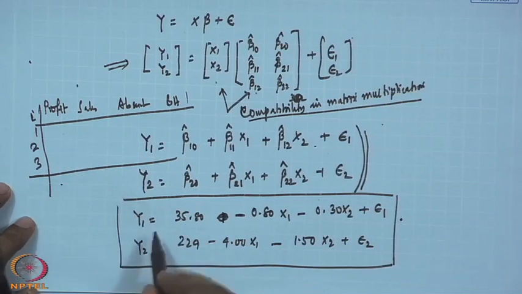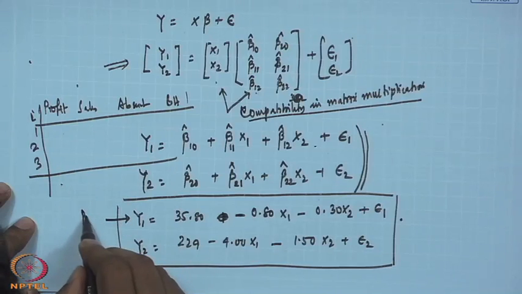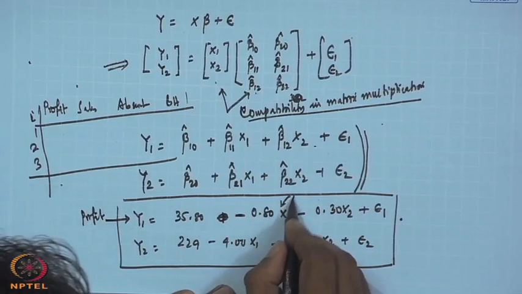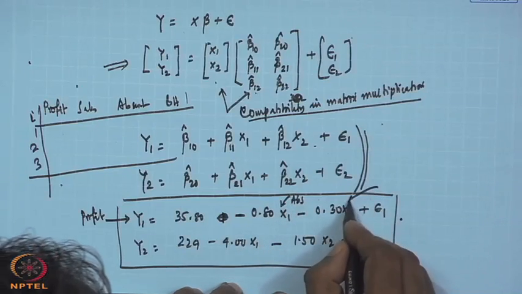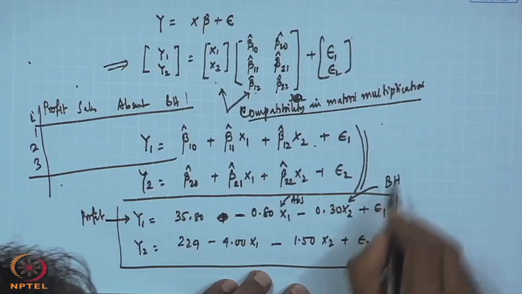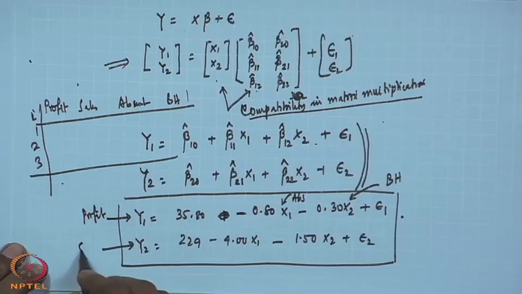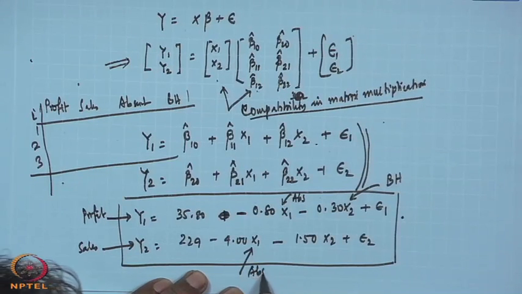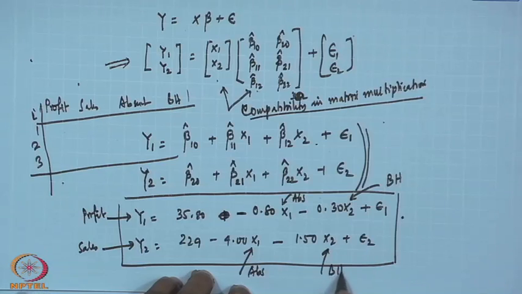So, in this case y1 is profit, x1 is absenteeism, x2 is breakdown hours, y2 is sales, and this one is again absenteeism and this one is breakdown hours.